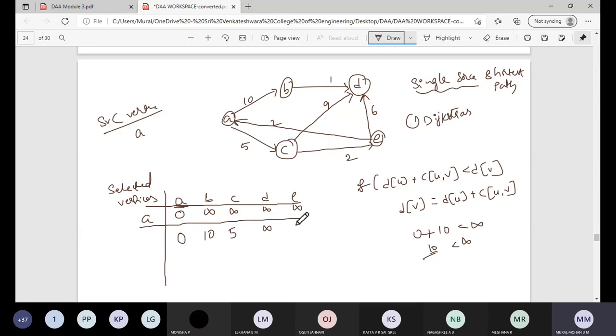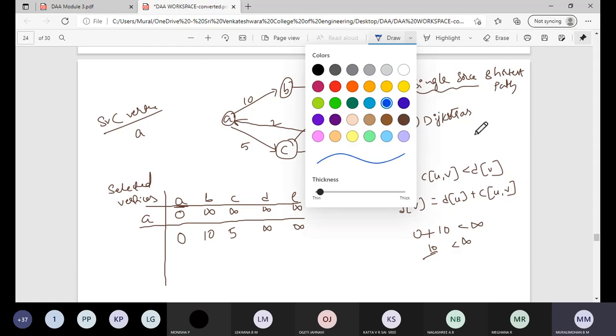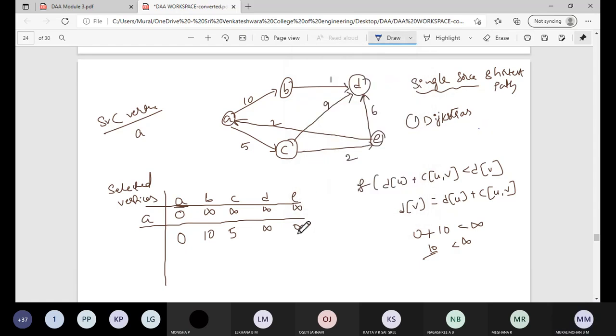Similarly, A to E, is there any edge? See here, E to A is there, but A to E we are not having any edge. Kindly observe here, right? So hence we will take this as it is. Is it clear? Is there any doubt?